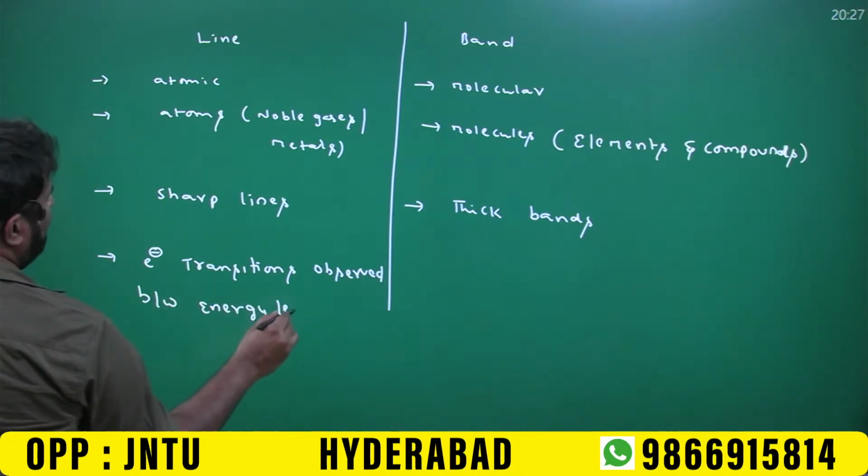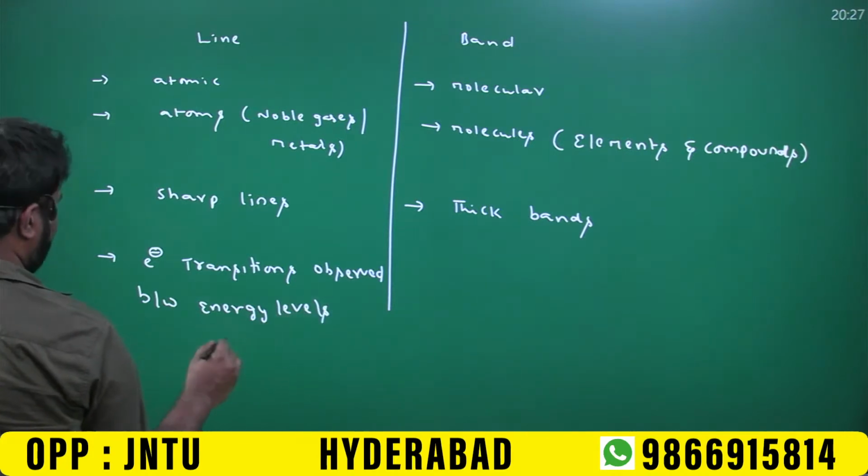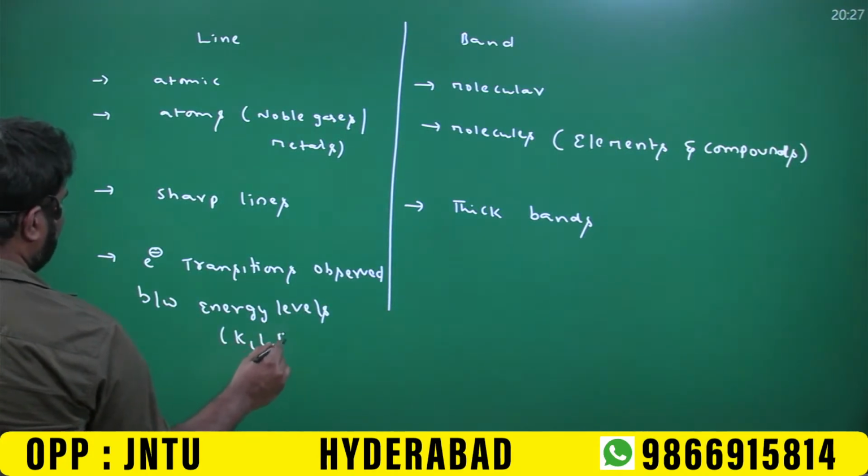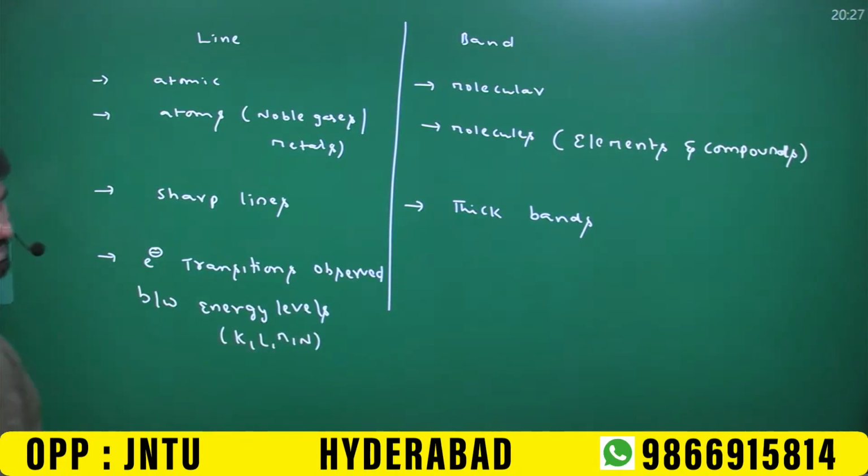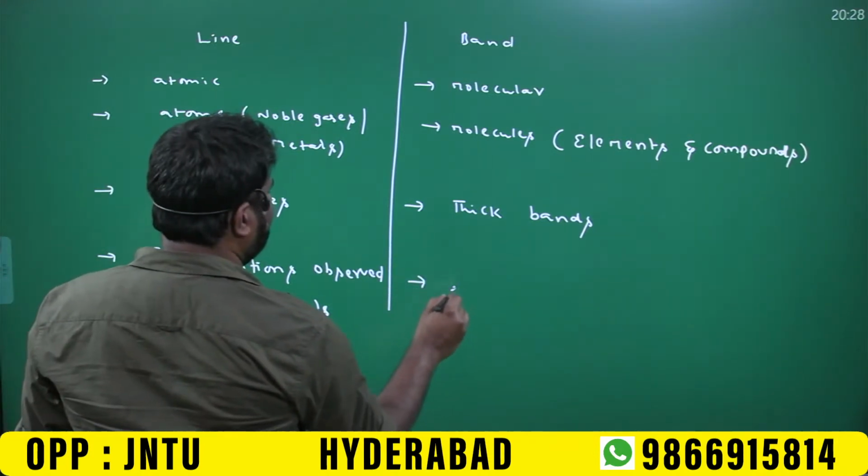ఎనర్జీ లెవెల్స్ మధ్యలో జరుగుతాయి అంటే ఏంటి తెలుసు కదా, K L M N షెల్స్. ఎక్కడెక్కడ జరుగుతాయి ఎలక్ట్రాన్ ట్రాన్సిషన్స్?